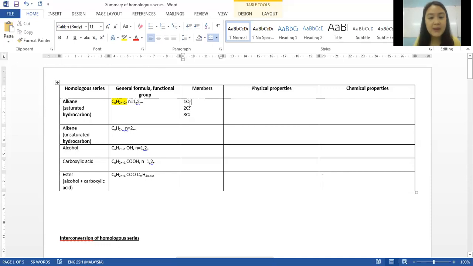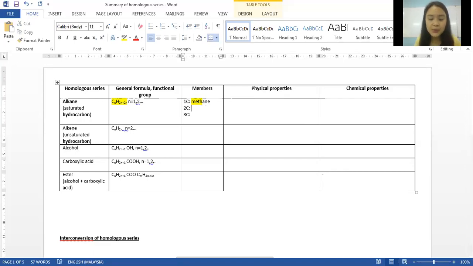The first member has 1 carbon, so the first part of the name is meth. Any carbon compound that has 1 carbon will always start with meth. Because they belong to the alkane group, they will end with ane. So the first member is called methane.